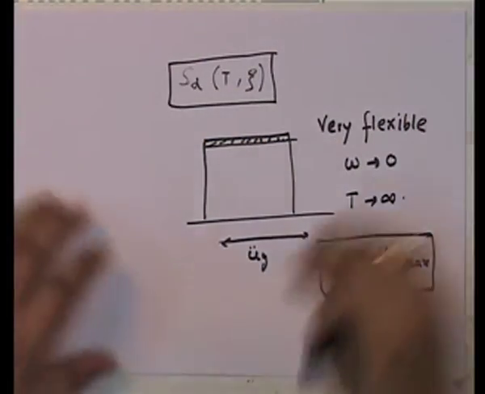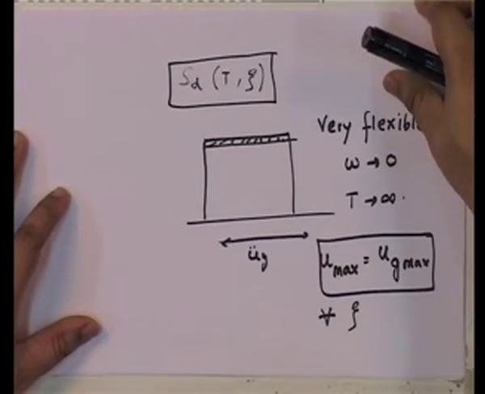Now, let us look at certain other points which are important. One aspect I am interested in is U max, but U max per se does not interest me. What interests me is the following.